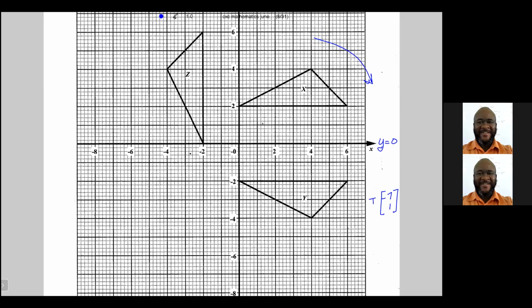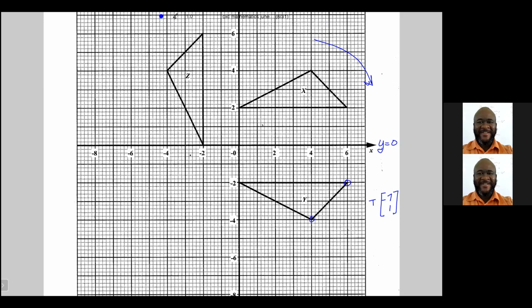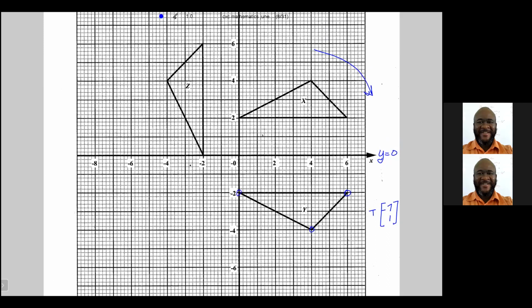So there are 3 vertices here, here, and here. Each vertex is going to move the same distance, the same direction. And the translation vector -7, 1 is saying move it 7 units to the left.